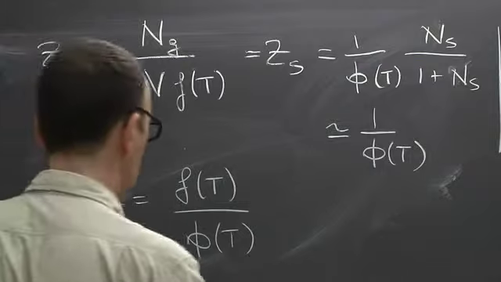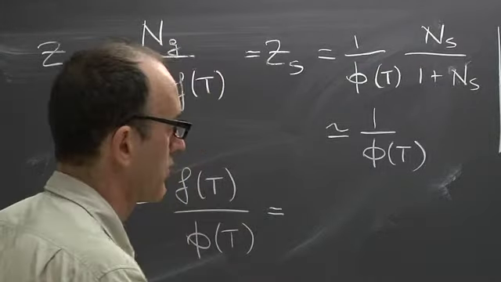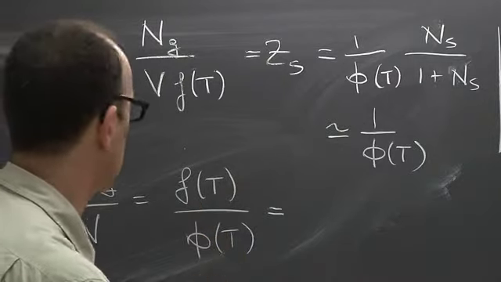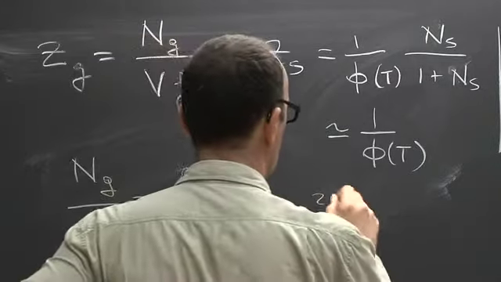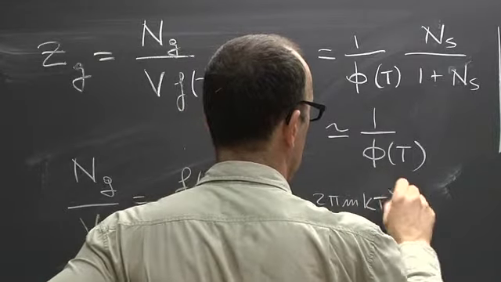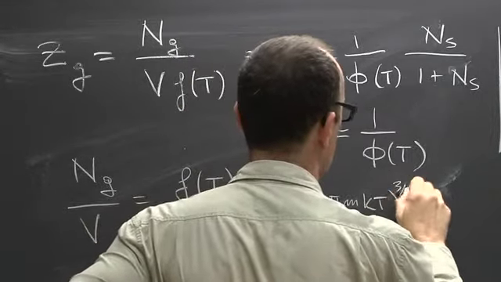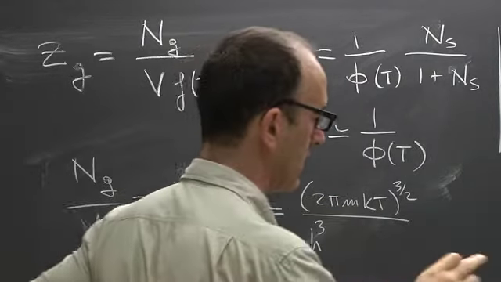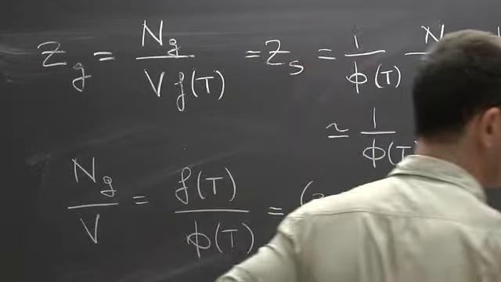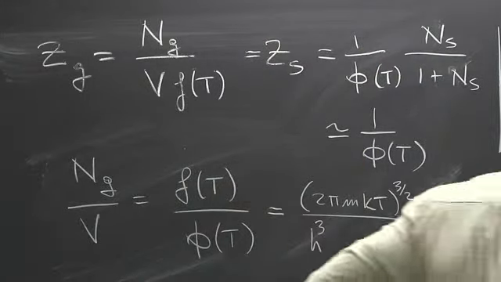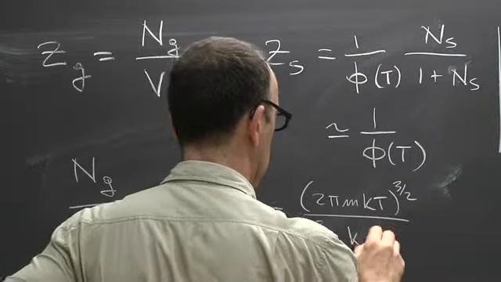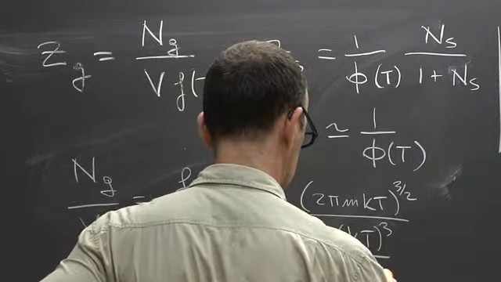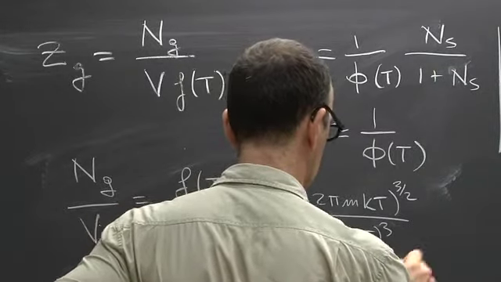And if you use the equation which we have written there, this is 2 pi m kT to the 3/2 divided by h cubed, times phi, which is this one, kT cubed over h bar omega also cubed.